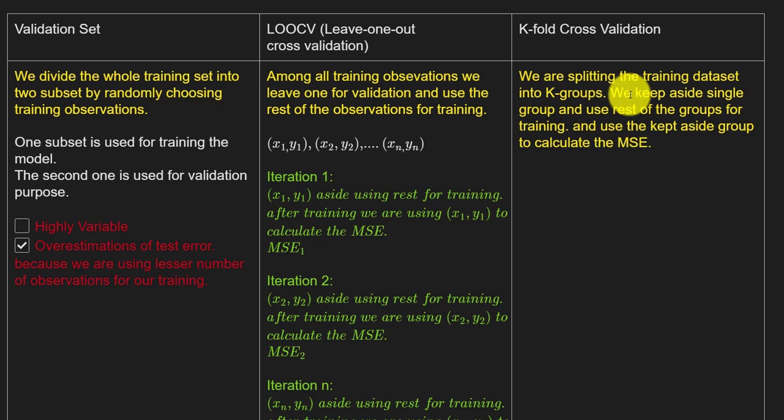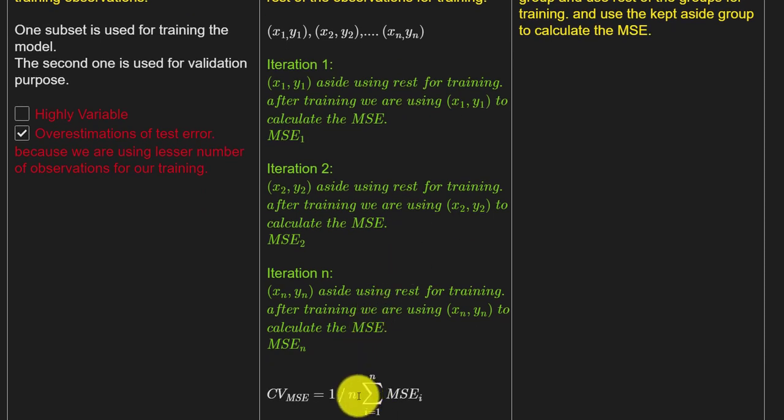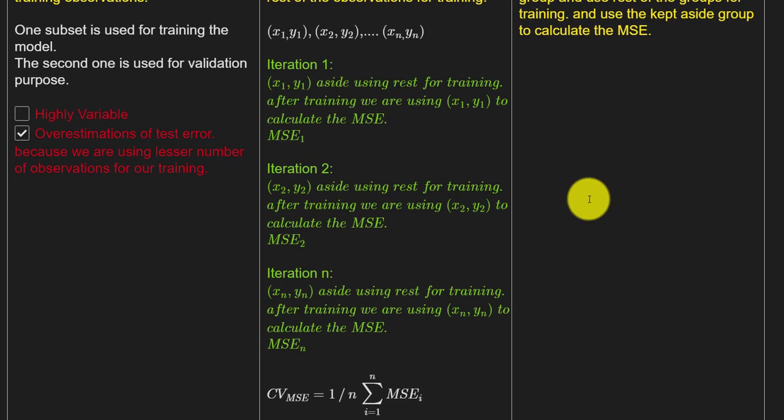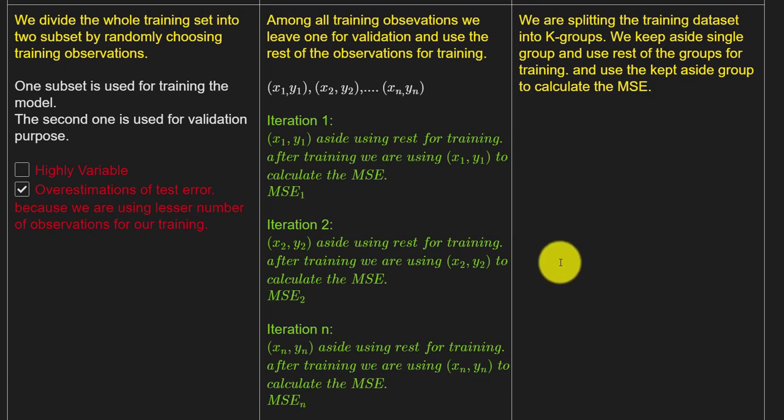So if I follow the same approach here, instead of n it will be k, because this time I am dividing my whole training data set into k groups. Each time I keep aside a single group, use the rest of the groups for training, and calculate the MSEs.